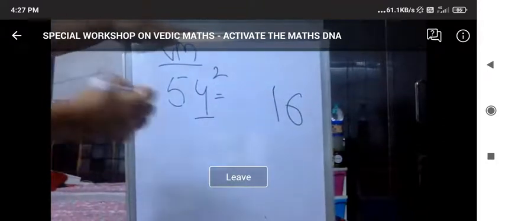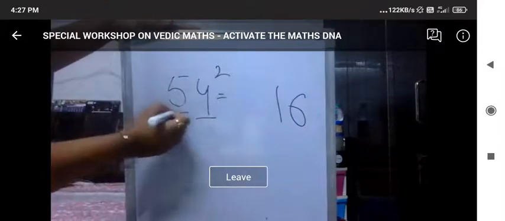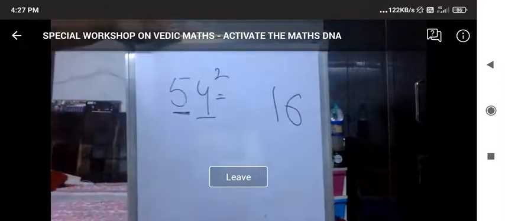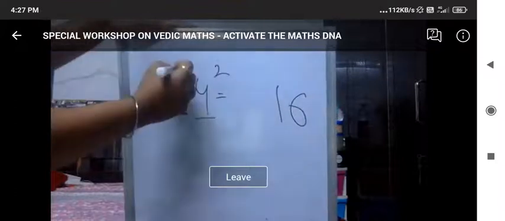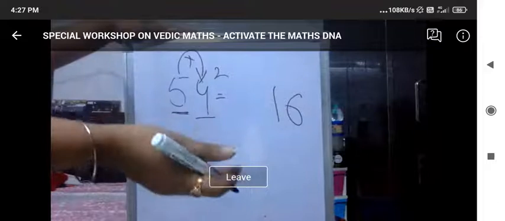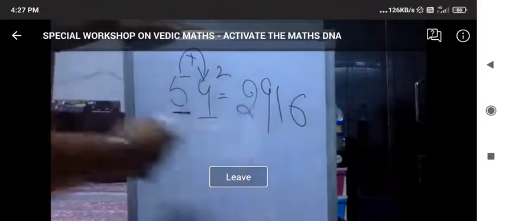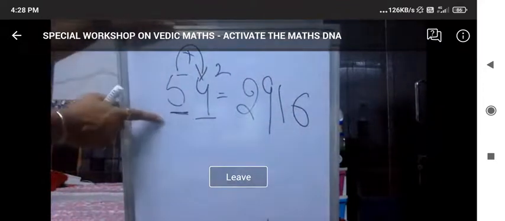And further, what exactly you have to do? You have to take out the square of the higher place value, that is 5 square. And in that square, you have to add the adjacent digit. Is it easy? 5 square 25 plus 4 is 29. I got my answer. Did you find it easy?